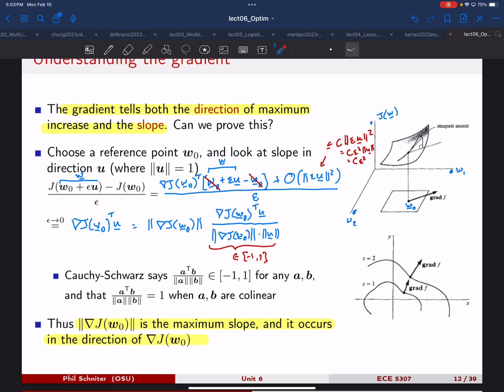Then we did a little more analysis, and we said the way to maximize this over u is to choose u in the same direction as the gradient. That maximizes the slope. Furthermore, if we do that, the slope itself is the norm of the gradient. So that's what we concluded. Yeah, that was just one application of this.